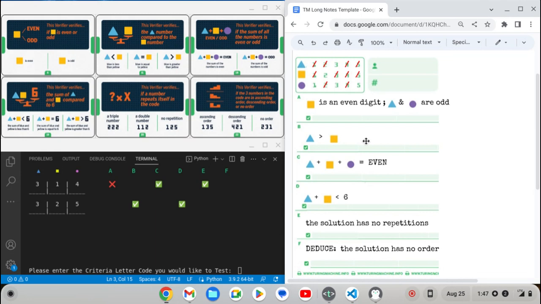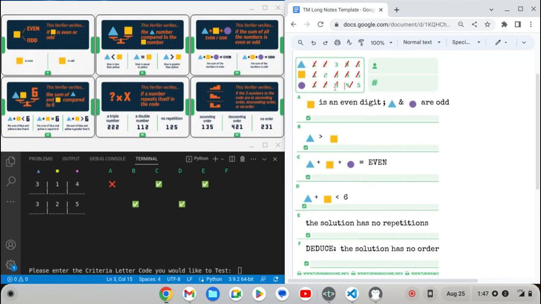Okay, and then also remember that we did deduce that there should be no order. So that means it must go from 3 to 2, and then it must pivot back to an increasing value. And it can't be a duplicate, so it can't be 3. And of course, it can't be 1. So it looks like the solution should be 3, 2, 5.